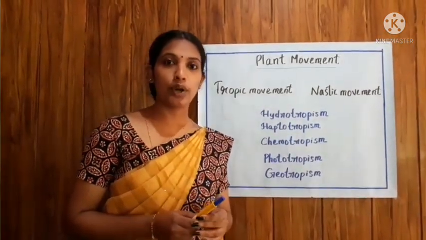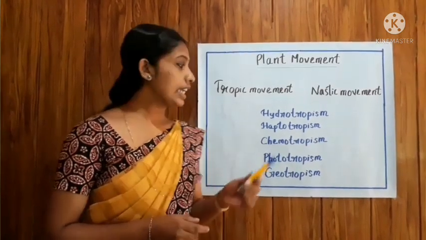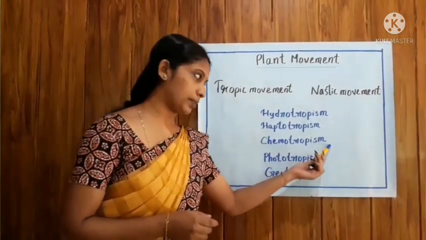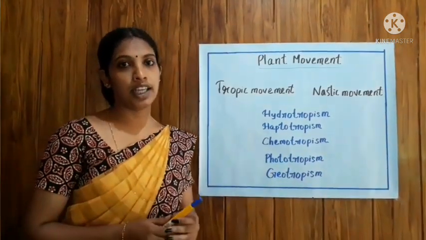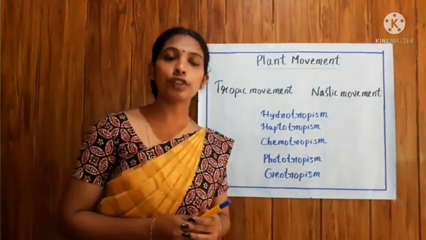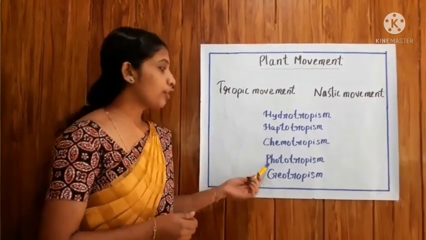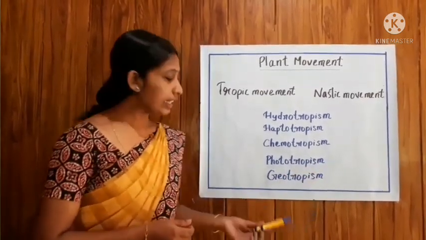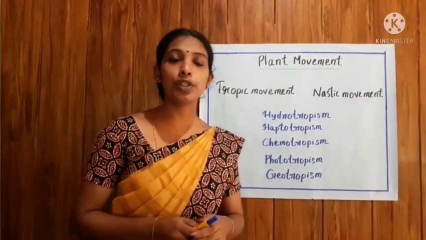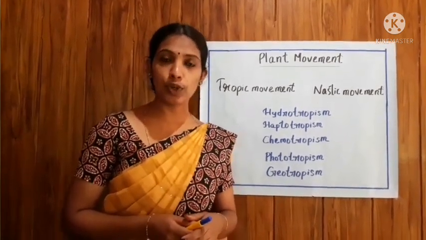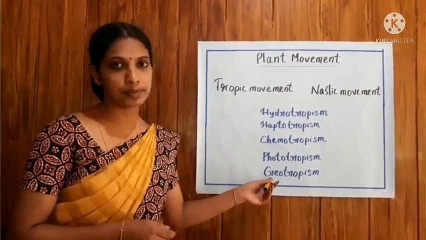If the growth or movement of plant parts is in response to the stimulus of chemical, it is known as chemotropism. And fourth one is phototropism. If the growth or movement of plant parts is in response to the stimulus light, it is known as phototropism. And the last one is geotropism. If the growth or movement of plant parts is in response to the stimulus of gravity, it is known as geotropism.